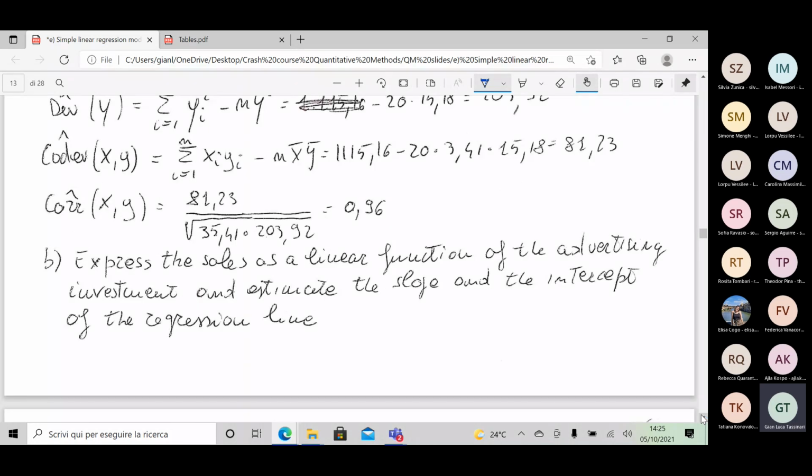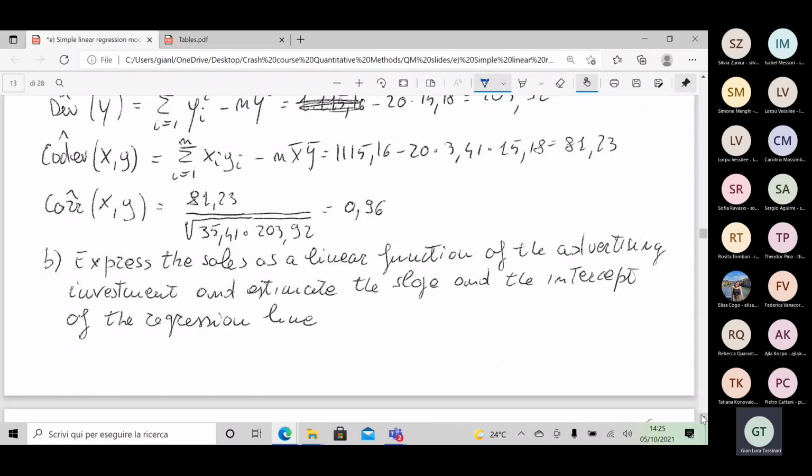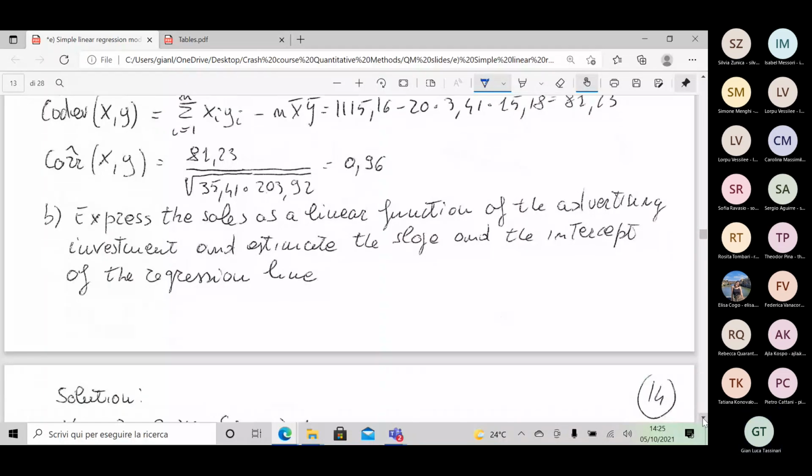So obviously the independent variable is represented by the advertising investment, and the dependent one is y, which is the sales. It does make sense to study the sales as a function of the advertising expenses and not vice versa. And estimate the slope and the intercept of the regression line.